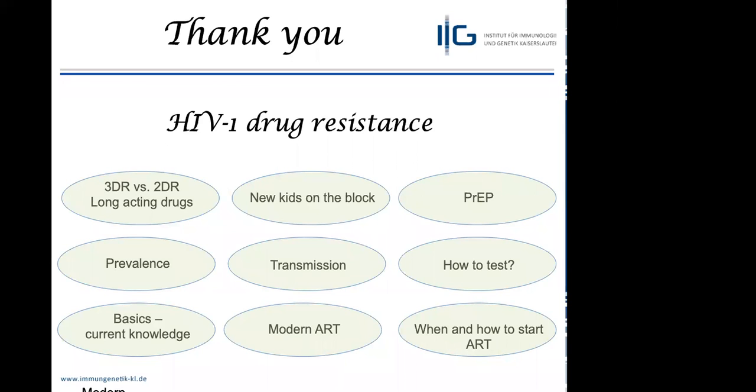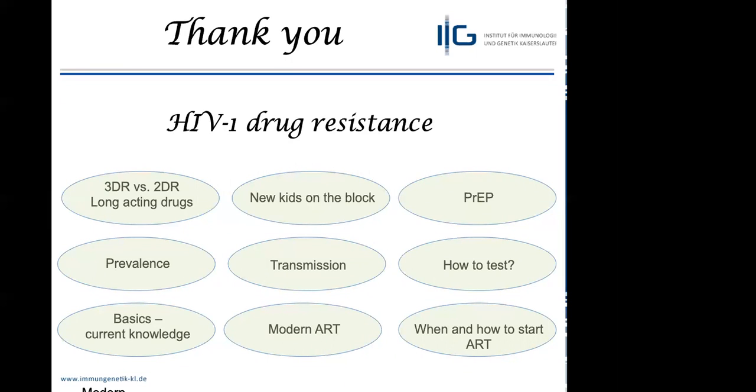If you are using raltegravir, I wouldn't stay with low-level viremia. I would switch immediately. So it depends on the drugs you are using. And we are now quite happy that at the moment at least, we can talk to these patients, and it's not about changing everything immediately. Our drugs are so potent.